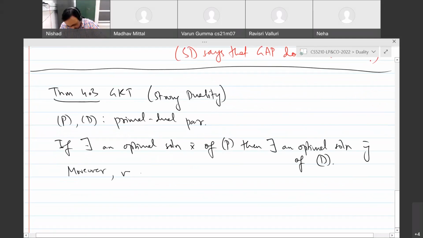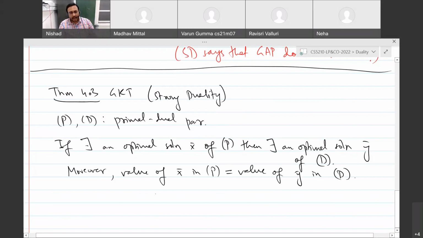The value of x bar in P, so generally c transpose x bar, will be equal to the value of y bar in the dual. So basically c transpose x bar is equal to b transpose y bar using the usual notations.